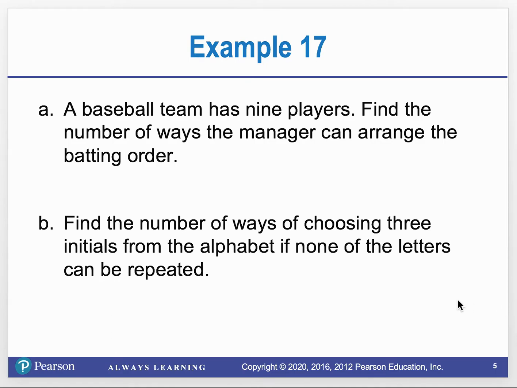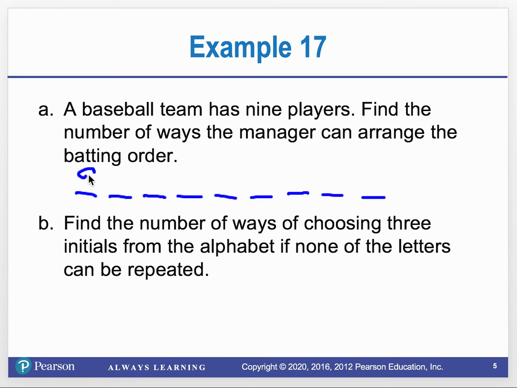A baseball team has 9 players. Find the number of ways the manager can arrange the batting order. Basically, this is the same problem. If there's 9 players that I need to line up to go in some kind of order to bat, I'm filling in 9 blanks.